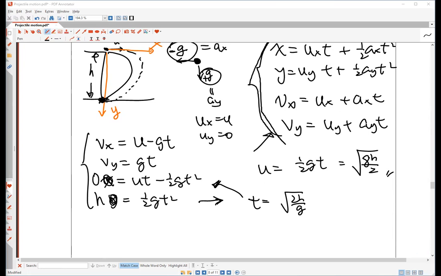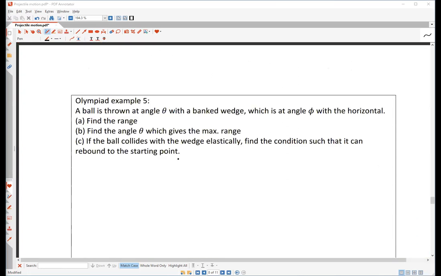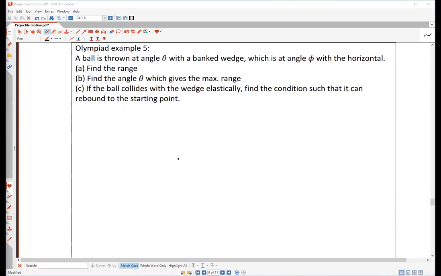So let's do the next most difficult question. You can have a look at the question first. A ball is thrown at angle theta with the inclined wedge. So the scenario looks like this. This is angle phi. This is angle theta.